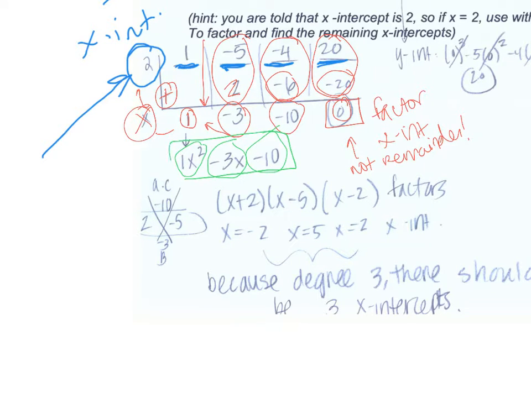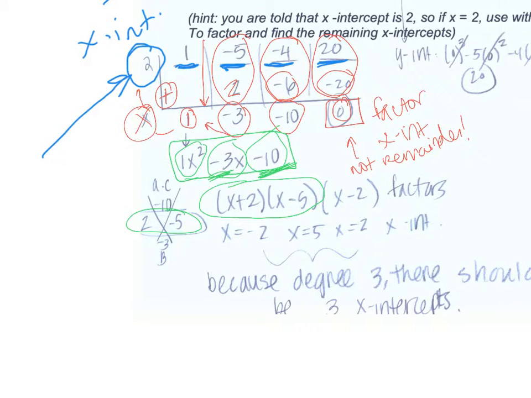So if what you're left with is something that you can factor, go for it. So ask yourself, is there a combination that multiplies to negative 10 that adds to negative 3? Yeah, 2 and negative 5. So therefore you can factor x plus 2 times x minus 5.